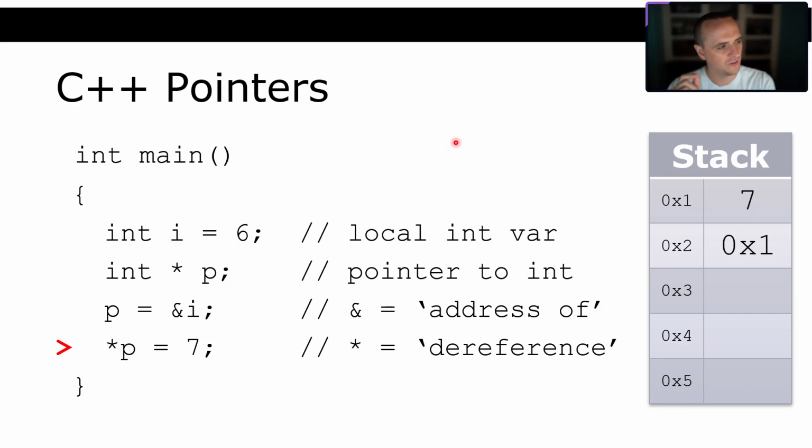And do you see how this can get a little bit dangerous? It can get dangerous because nowhere in our code did we specifically modify the value of i. But at the end of the function, the value of i was changed. Okay? So you can pretty much do whatever you want with pointers.